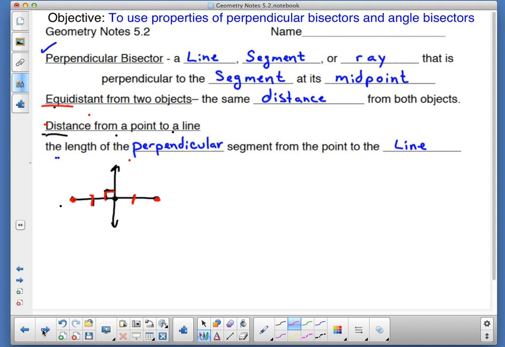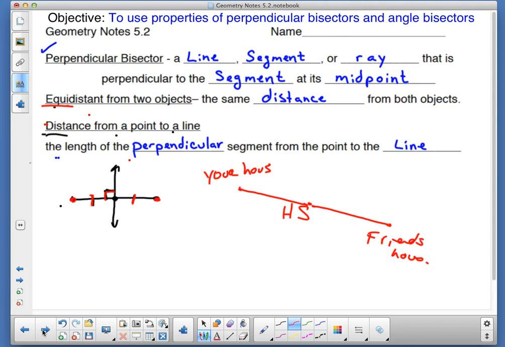Now, equidistant from two objects. Equidistant is just that. If this is Elk River High School and this is your house, and this is a friend's house, and y'all are on different sides of town, but it's amazing, the distance to the high school is the same, equidistant.